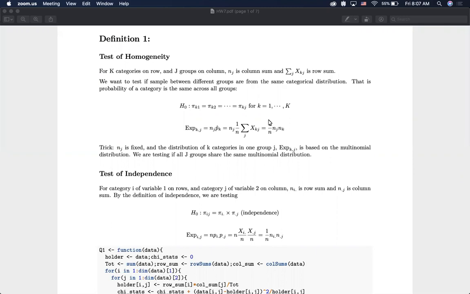That gives us 1 over n times the row sum times the column sum, which is the expected value for the kj cell. Any question?